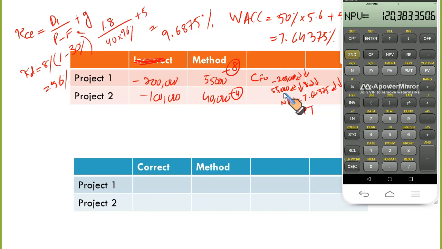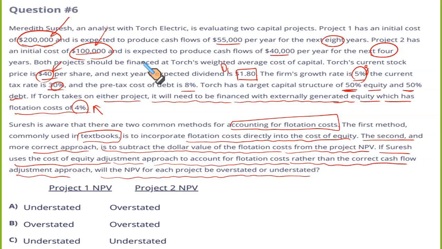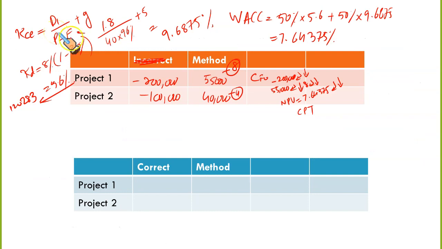It's 120,283. For the first project, NPV, I'm going to write at some suitable place. It is 120,283. Please do not forget, this is the approach. This textbook approach is the one that this gentleman, Suresh, has used. For the second one, let's do the second one as well.